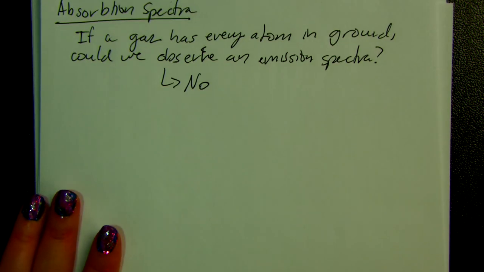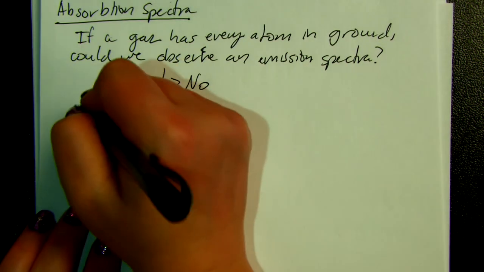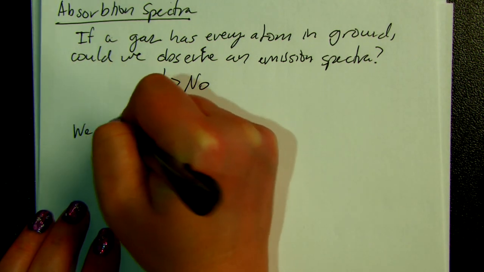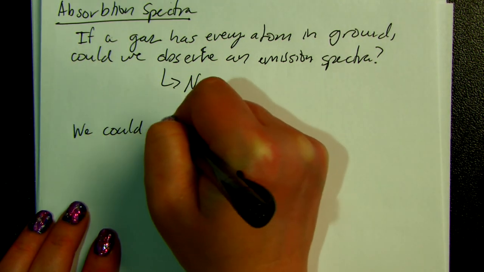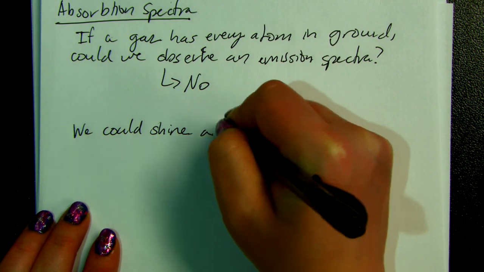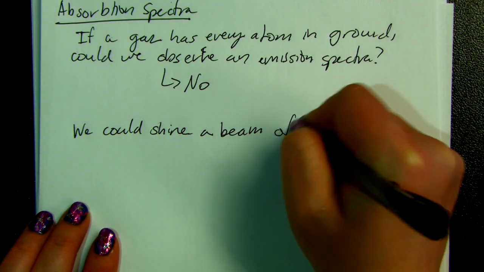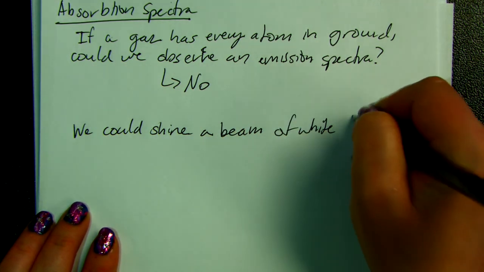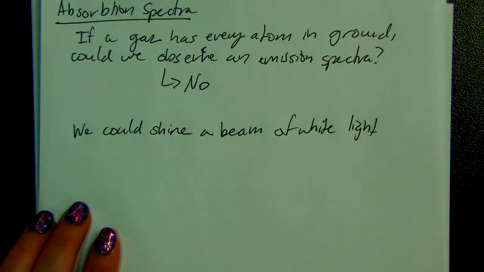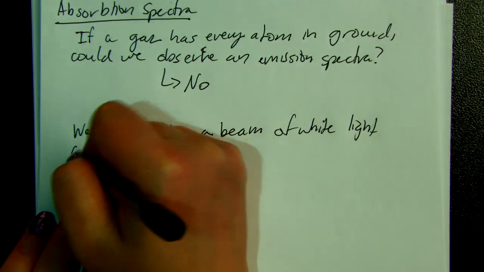However, we could still learn something about this. We could shine a beam of white light. Now, the reason we would do white light is because it's made up of all the different colors and energies. So it's a continuous spectra.